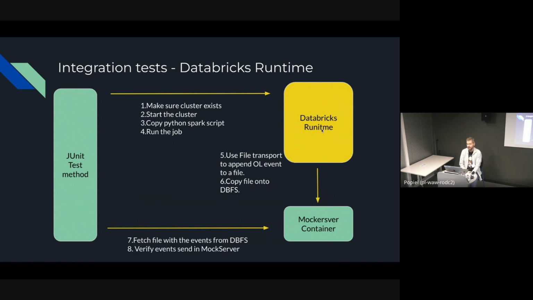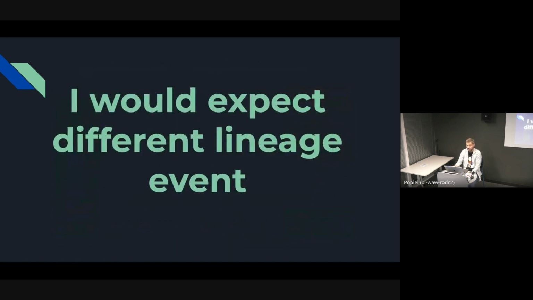Once it is running, we use the file transport so that the OpenLineage events are written to a file. At the end of the job, we copy the file with the events to DBFS, which is the file system that we can access from our JUnit test method. Then we fetch the events from DBFS and verify that the events are the ones we expected. Perhaps you can do something similar for Dataproc to make sure the integration is working.